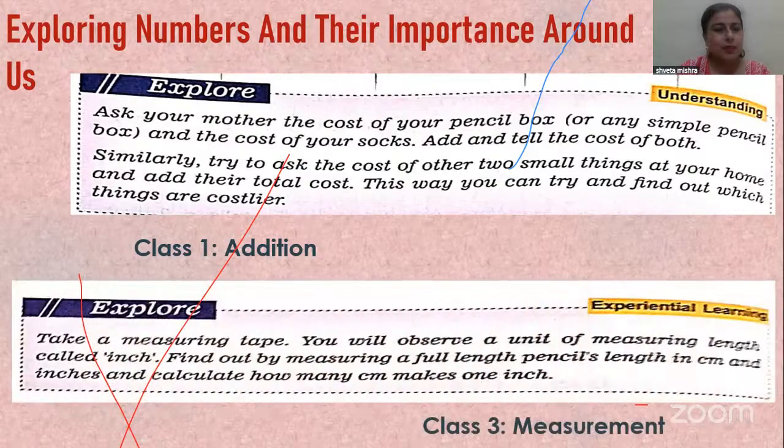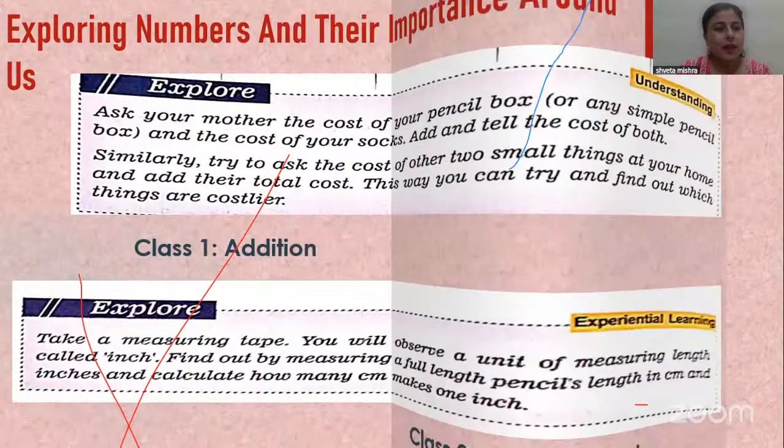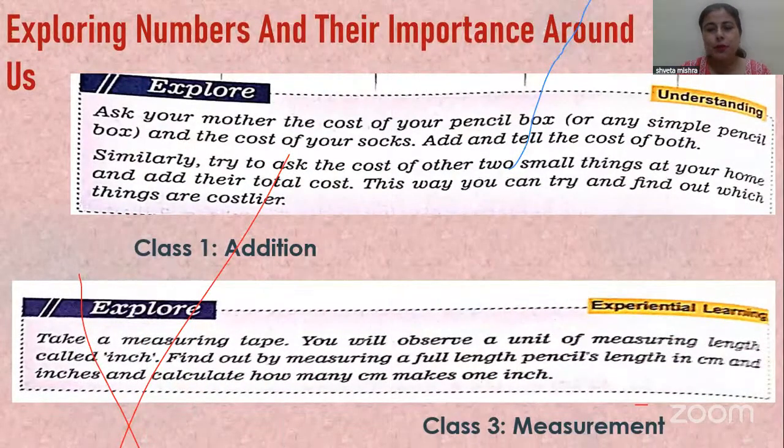In the same way, experiential learning can be done. Take a measuring tape, you will observe a unit of measuring length called inch. Find out by measuring the full length of a pencil in centimeters and inches and calculate how many centimeters make up an inch. This can be done in higher classes.